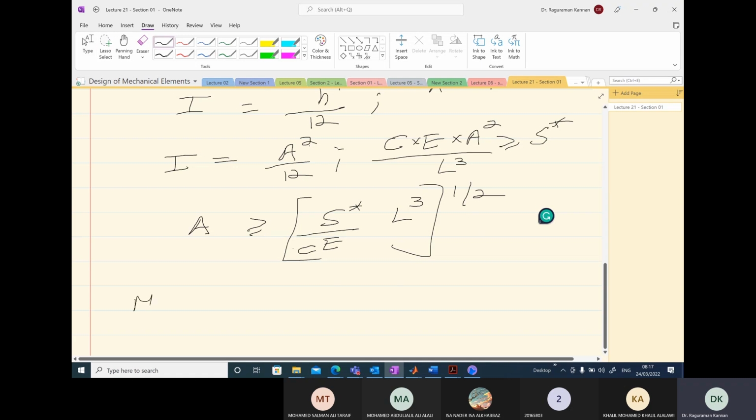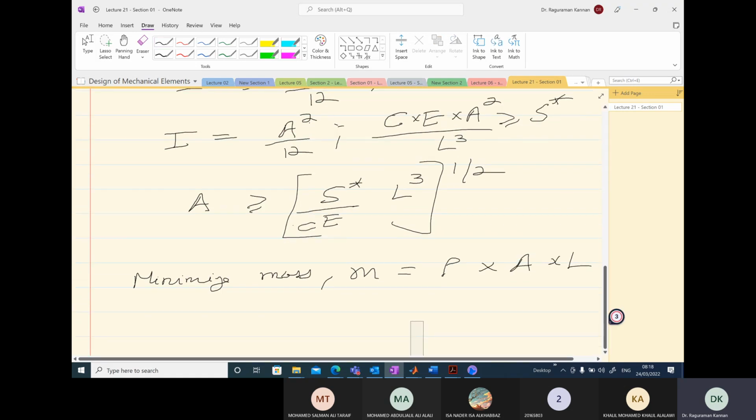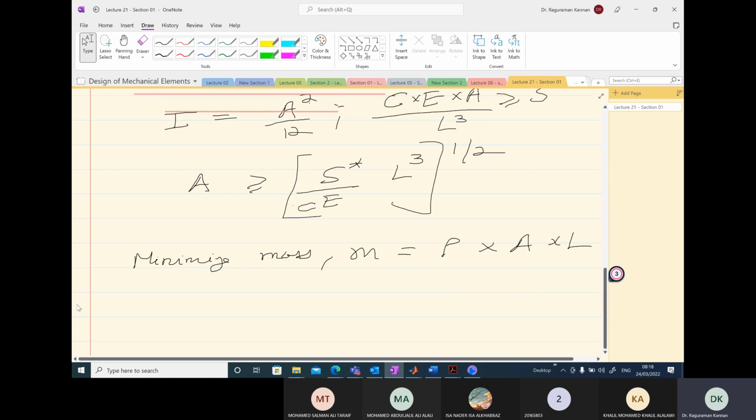We want to minimize mass. Minimize the mass. M is written as rho times A times L. Rho is a free variable. A is a free variable, and L is a fixed variable. So we can replace one of the free variables, keeping rho constant.